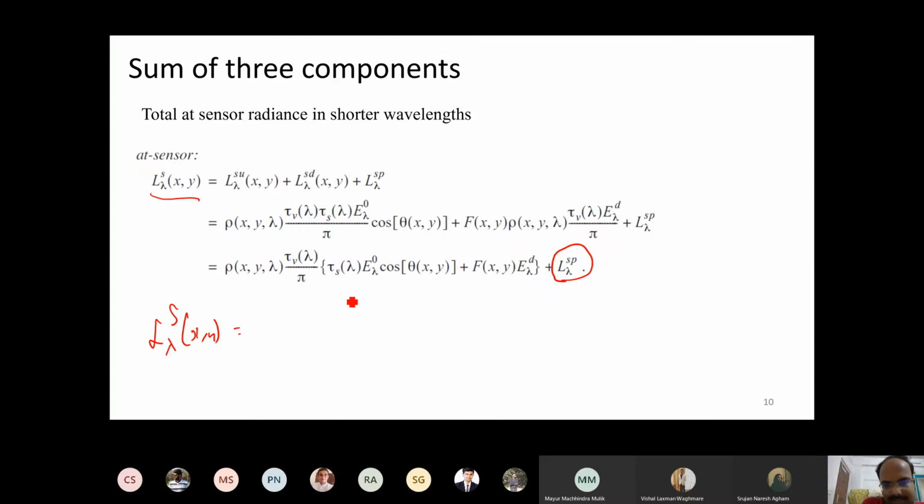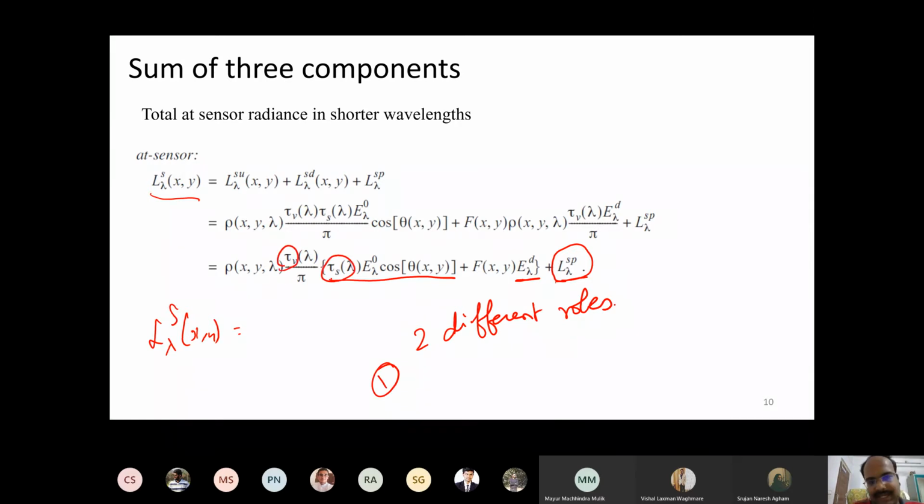has three different components. One is the direct component, one is the reflected diffuse skylight component, and one is path radiance. Here what I want you to observe is atmosphere plays two different roles. First role is through this transmissivity.